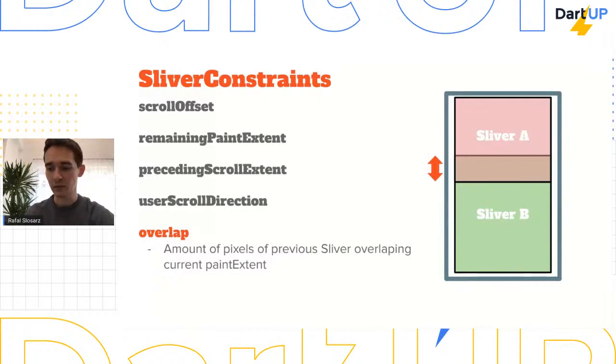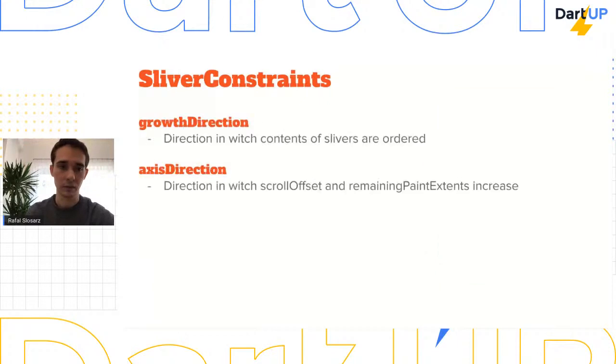I will explain that a little more further when we talk about sliver geometry, but the idea is that the sliver always has this remaining paint extent, how much place the viewport decides to give the sliver, and the sliver can decide to paint a little bit more. This is used right now by, for example, the sliver toolbar. This is exactly how it's done.